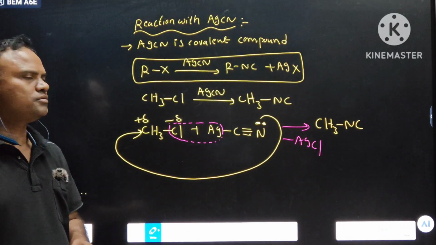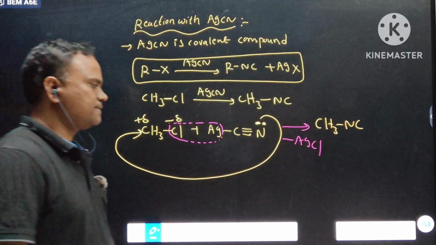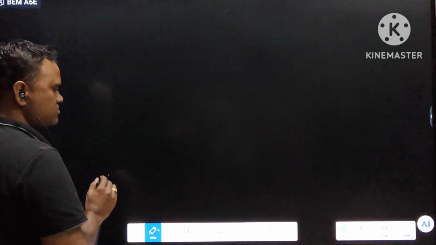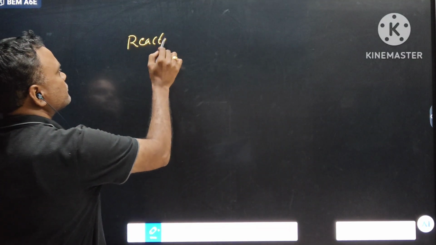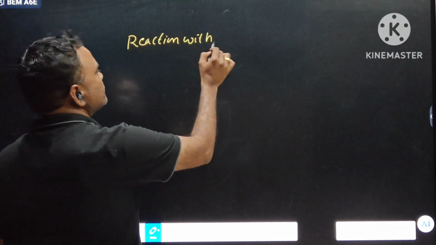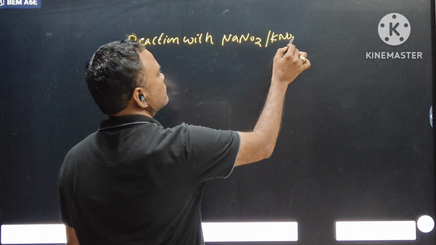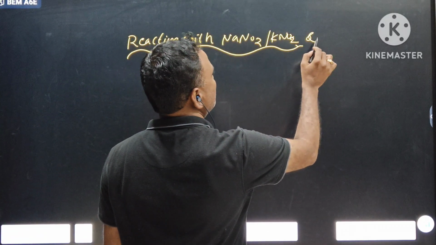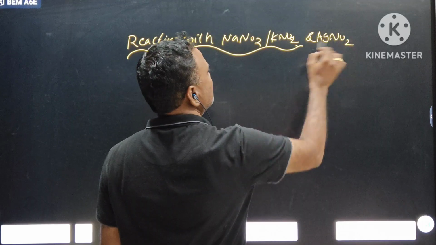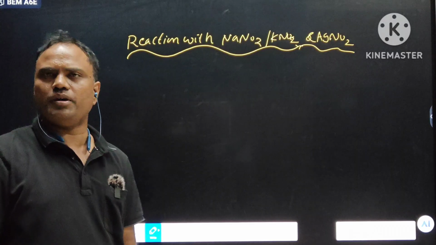Right. Shall I clear this? Next, reaction with NaNO2. Aisha, are you getting? Reaction with NaNO2 or KNO2 and AgNO2. I am giving at a time. The explanation is the same: ionic compound, covalent compound.